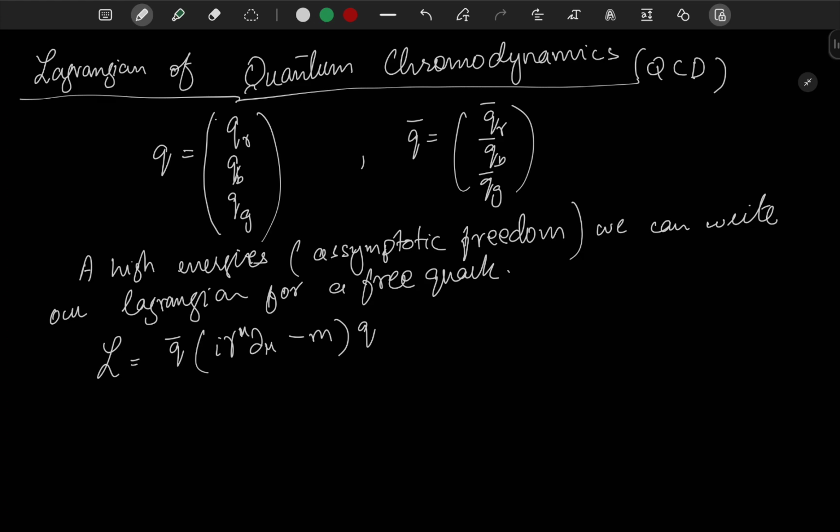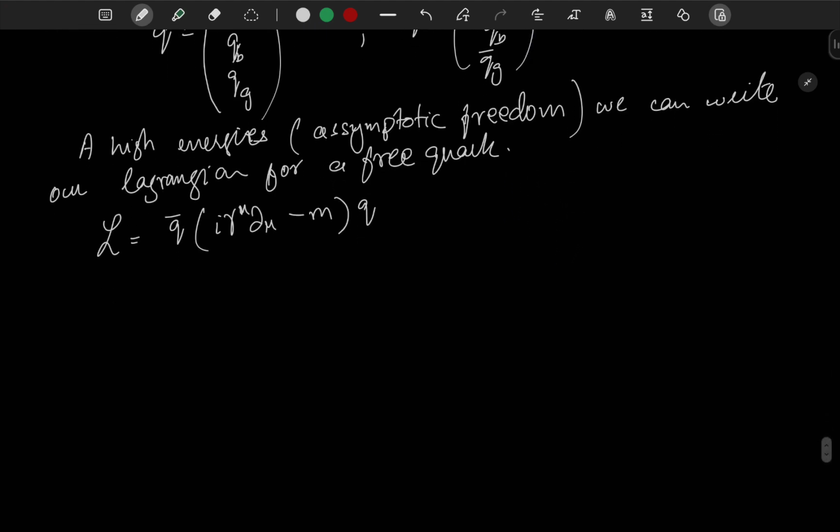Now we see how our Q color space transforms. So the transformation rule for Q is it transforms like this, and for Q bar it will transform like this.